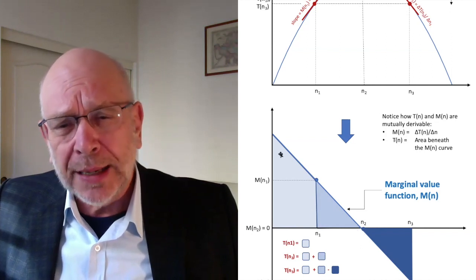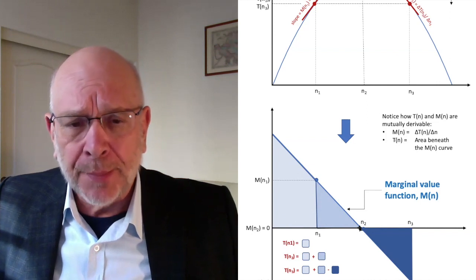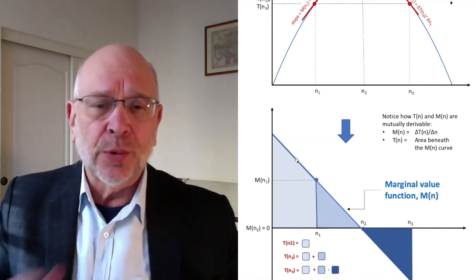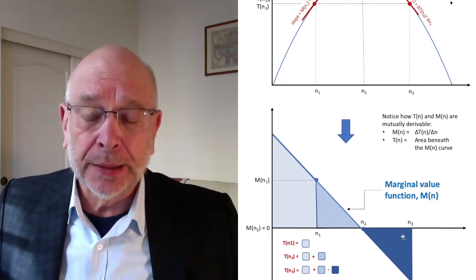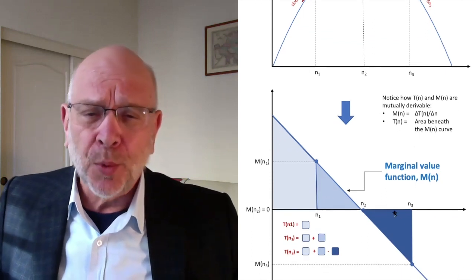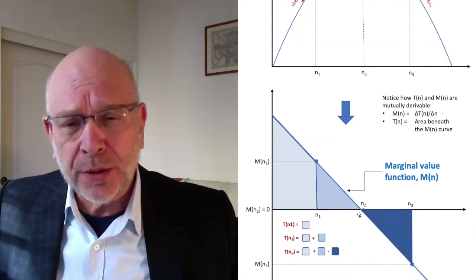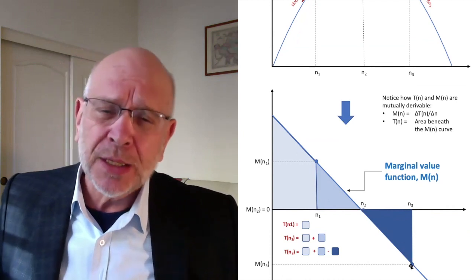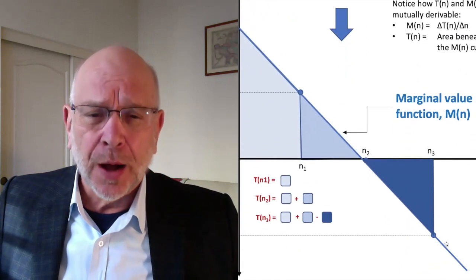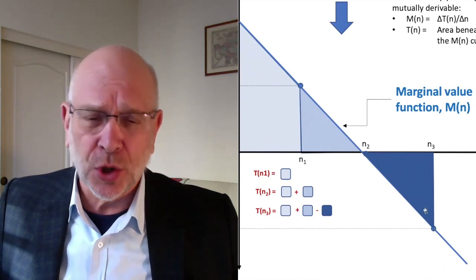So at any given point, if we're looking at the horizontal axis and the marginal value curve, it creates this corresponding area. So for example, if we move further now to n3, we find that the area defined by this is now beneath the horizontal line. It's negative. So that means that we actually need to subtract this area from what we had before in order to get back to the total value.